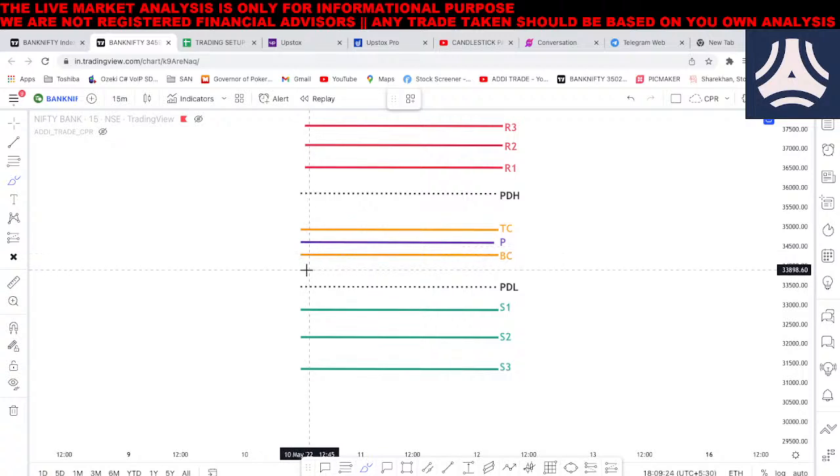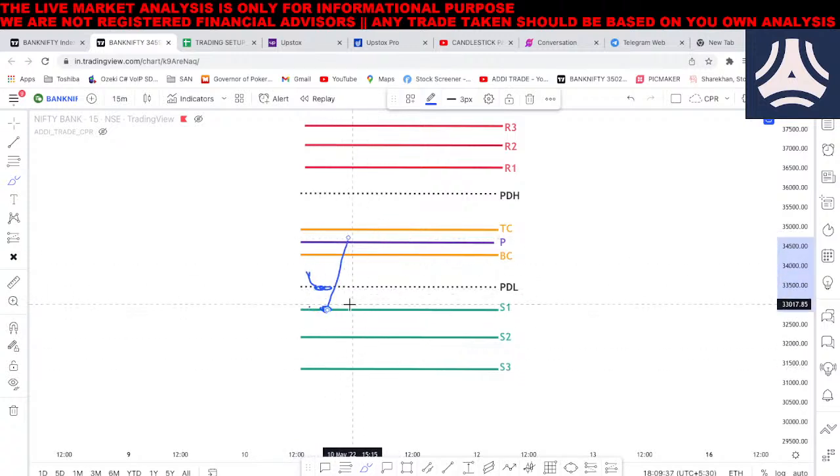If the price opens between CPR and the previous day low and S1, it will come down, and the price can most likely take support at the previous day low or S1 and reverse back to the CPR. Again, this reversal trade, when we open in the morning, will be a very quick trade. So if we get an entry around 9:30 or 9:40, within half an hour this trade will be completed. Sometimes even in one 15-minute candle it will be completed, which is pretty good for scalping.